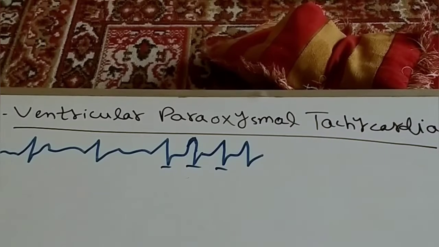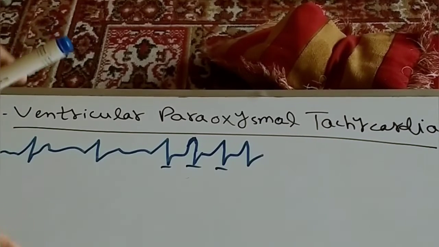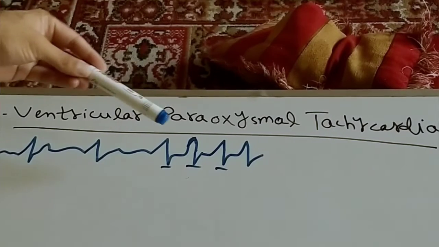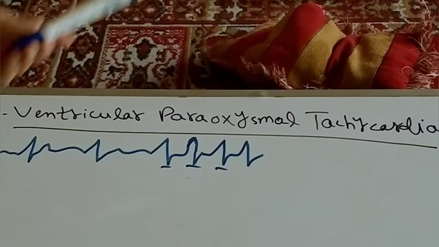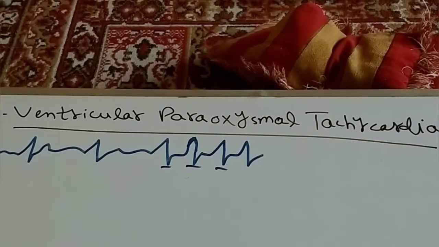Understand this concept. Normally, the area that gets depolarized last gets repolarized first, but in the inverted T waves, the area that is getting depolarized first is getting repolarized first.